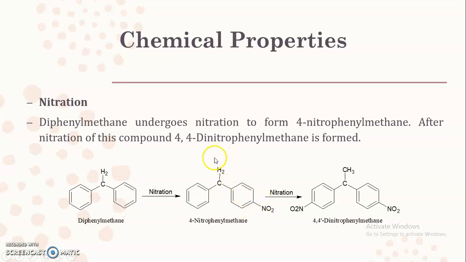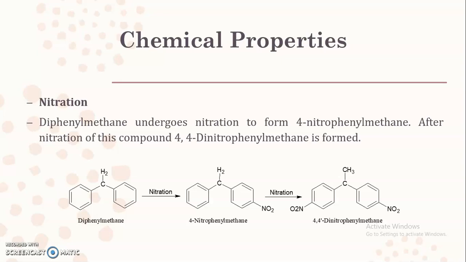We know that when there is an alkyl group, it shows an electron donating inductive effect, due to which electrons are donated to these benzene or phenyl rings, and electron density is increased at the benzene ring.